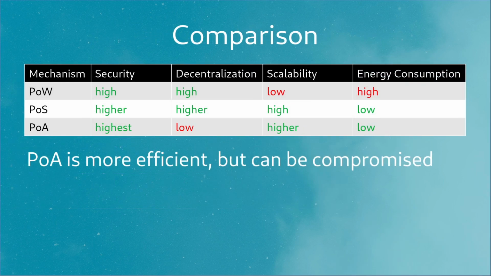If we compare the consensus mechanisms of the blockchains to each other, then we can see that they all have a high security.